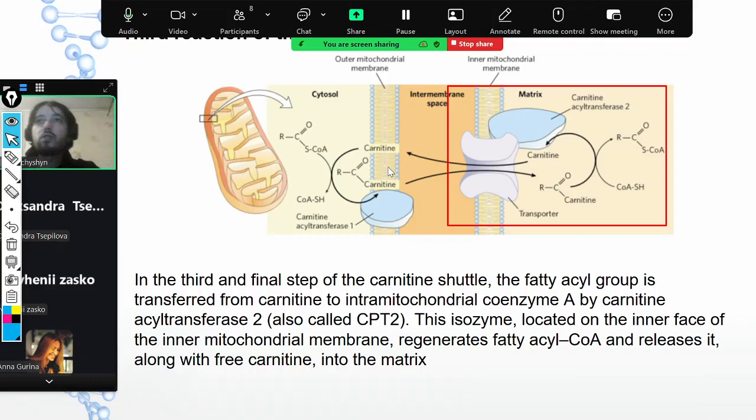What I'm trying to show you is that this sort of carnitine antiporter is a really interesting thing. I'm transporting carnitine without anything, and I'm importing carnitine with something.